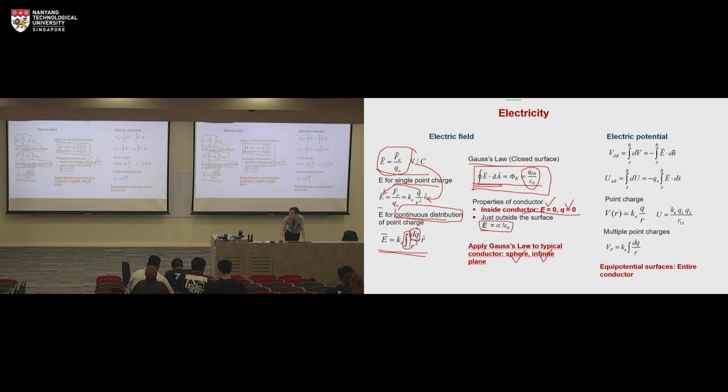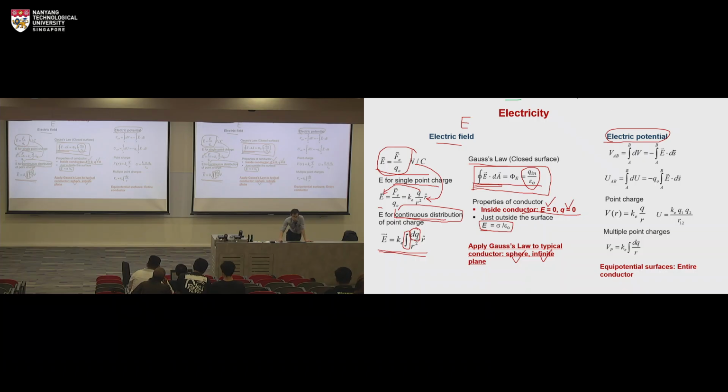And another aspect of electricity is about the energy carried by electricity. And this is quantified based on the electrical potential and also electrical potential energy. So basically, E, electrical field, and electrical potential are two parameters of the same thing.